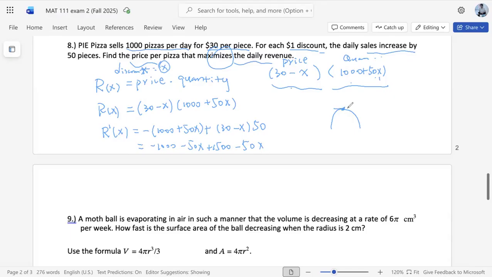Now we want to find the point where the tangent line is horizontal, slope equals 0. So set this to 0. -50x, -50x, that's 100x. We put it on the other side, then we have -1,000 plus 1,500, that's 500. Divided by 100 on both sides, so x equals 50.